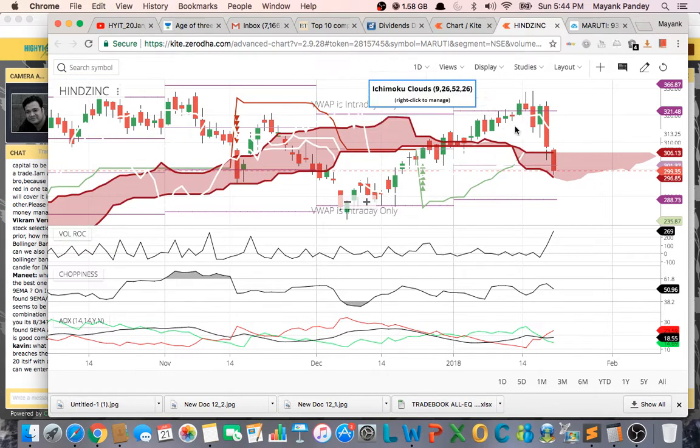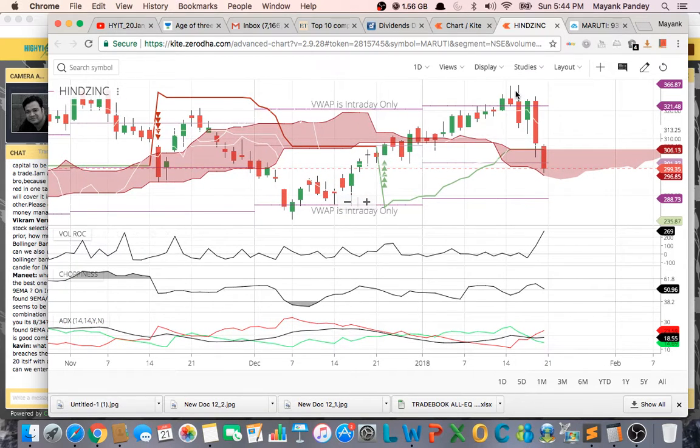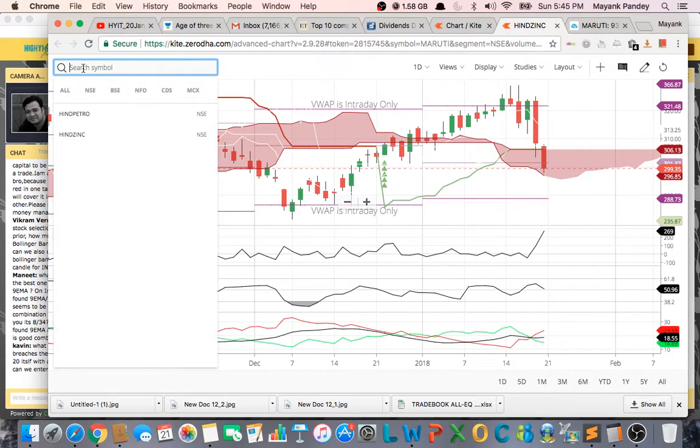A script is coming down, it went inside Ichimoku, and then from Ichimoku it started going up and closed above Ichimoku. So you are asking whether you can go long on that particular script or not. If the other technicals are also supporting, the answer is yes, you can go long.